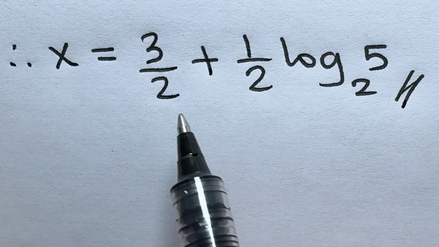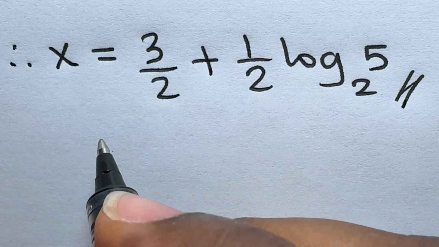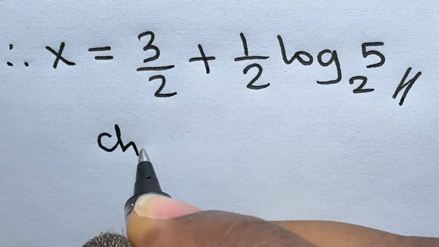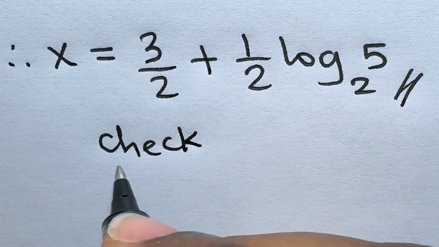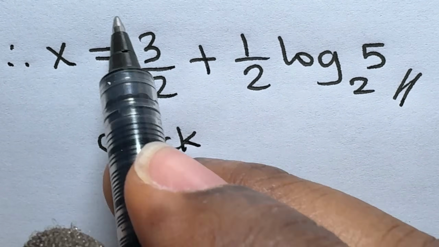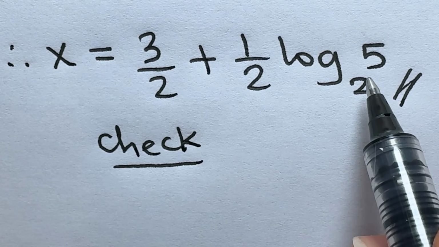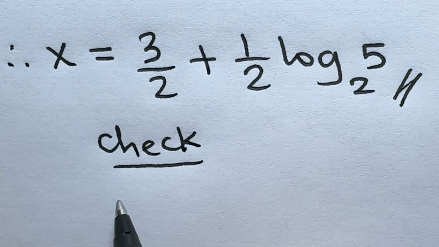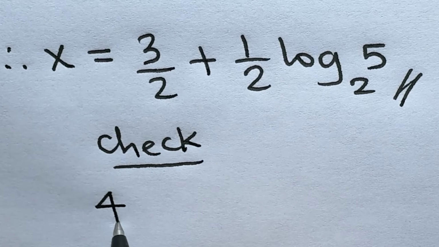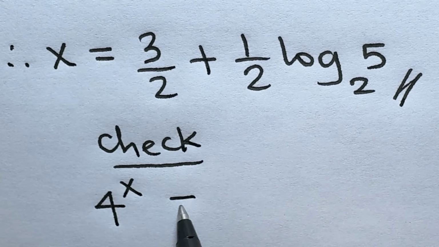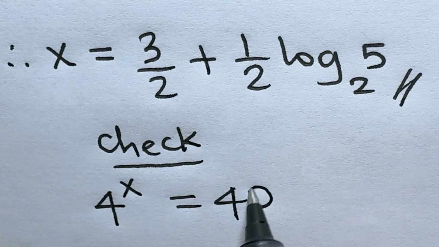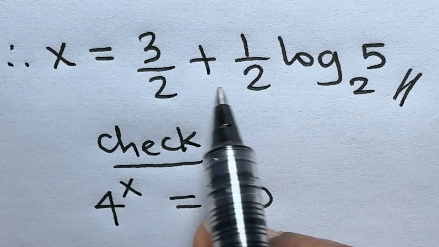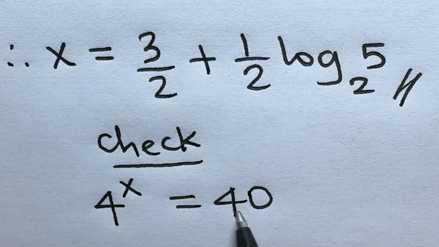Let us now do a quick check to confirm that this is correct. And to do that, I'm going to substitute this value, x is equal to 3 over 2 plus half log 5 base 2, into the given equation, 4 raised to power x is equal to 40. So when we replace x with this value, it should give us 40.